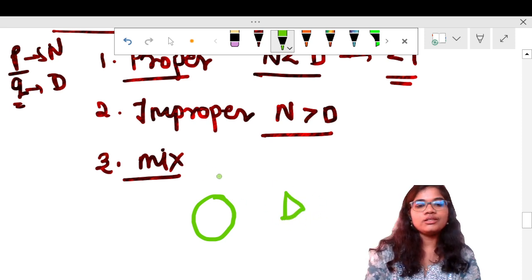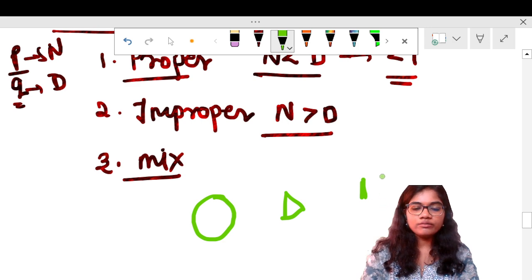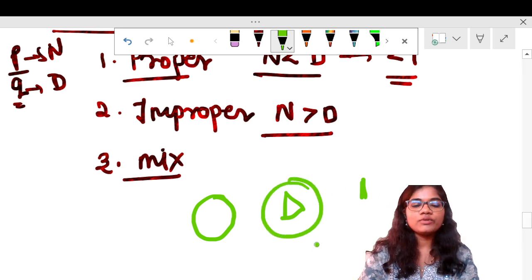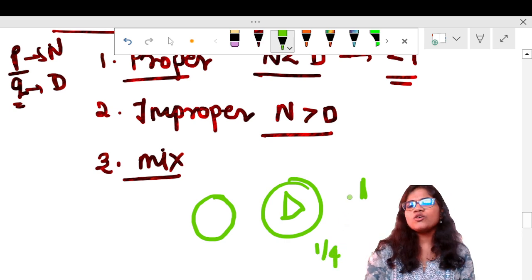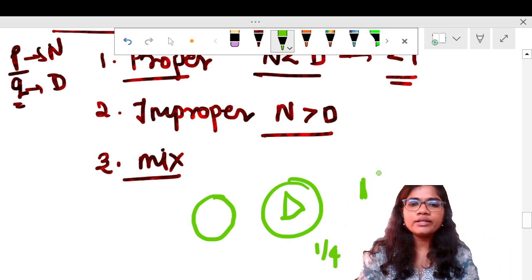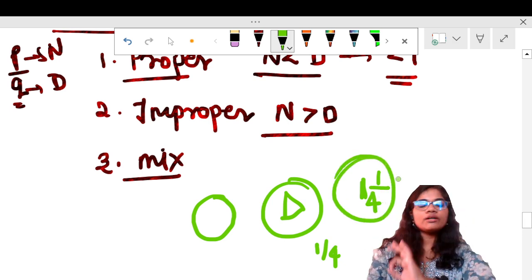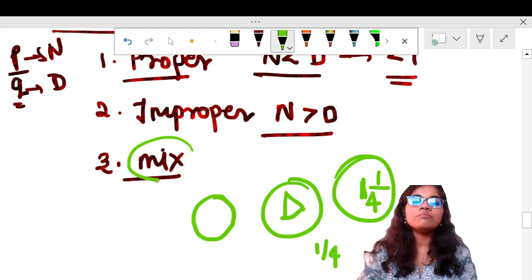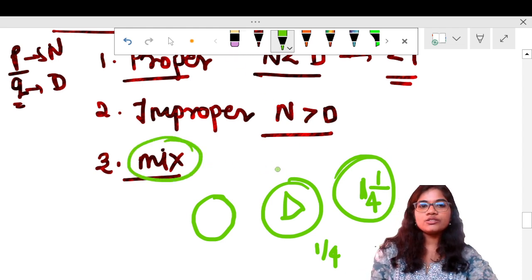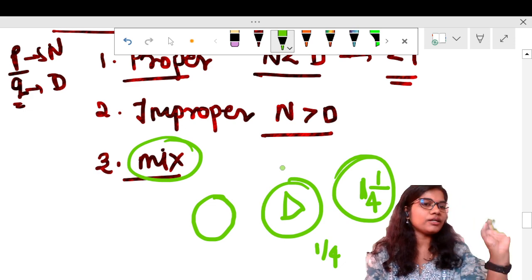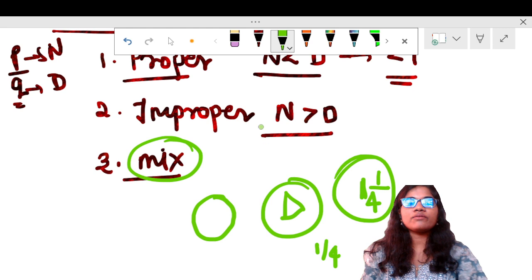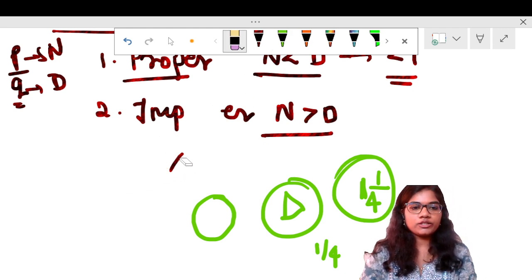So this one pizza we represent as 1 and this one slice we represent as 1 by 4. So how much pizza did you actually eat? 1 and 1 by 4. So this 1 and 1 by 4 is called a mixed fraction. Do you understand these 3 types of fractions? That is proper fraction, improper fraction and mixed fraction.